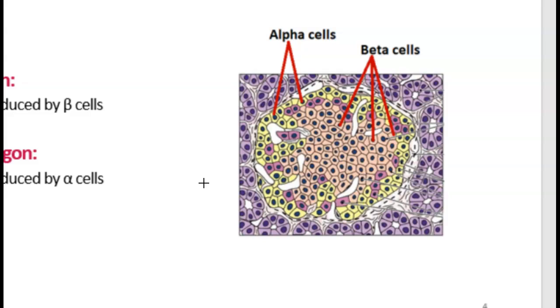You aren't responsible for doing that, but they are a little bit different. One type of cell is called a beta cell, and it makes insulin. And the other type of cell is called an alpha cell, and that type of cell makes glucagon.